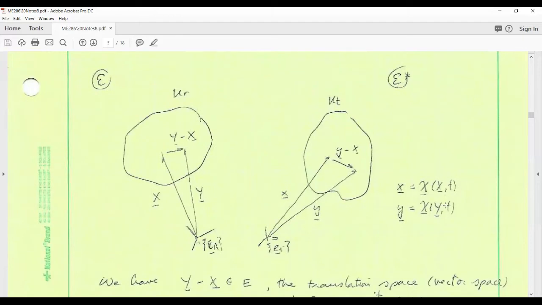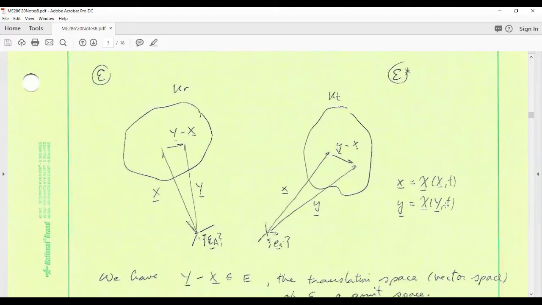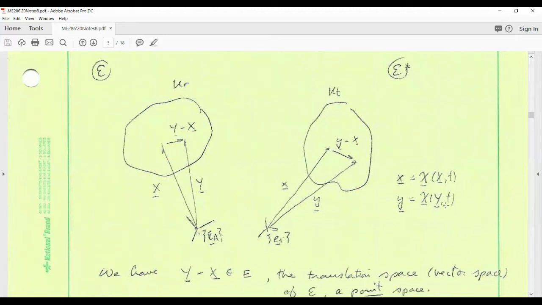Okay, before embarking on this discussion, we need to be a bit careful. The conventional definition of displacement gradient that you find in most treatises and books on continuum mechanics is slightly defective for reasons that we're going to talk about.